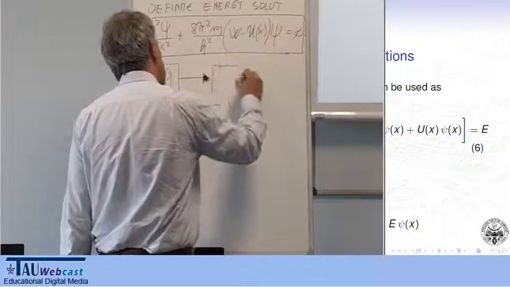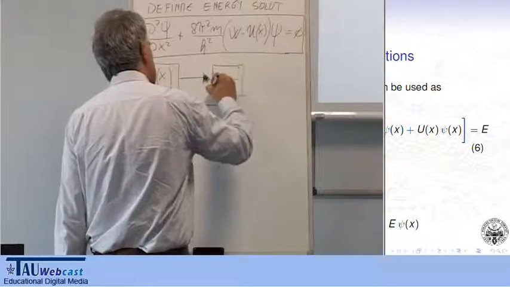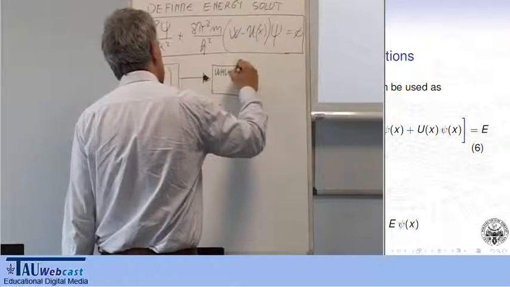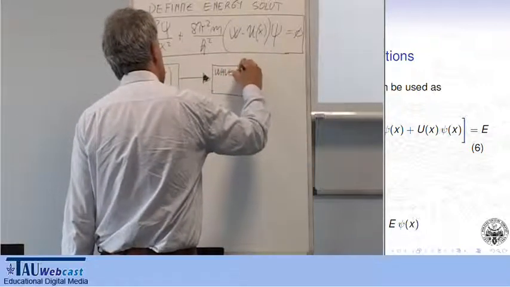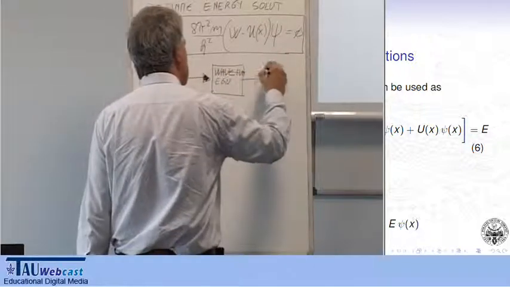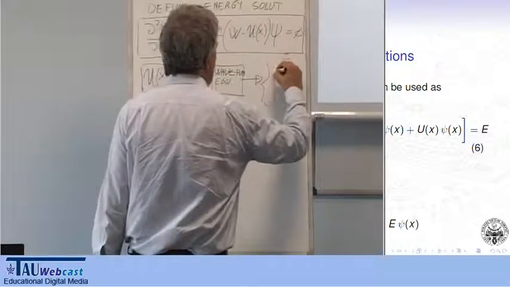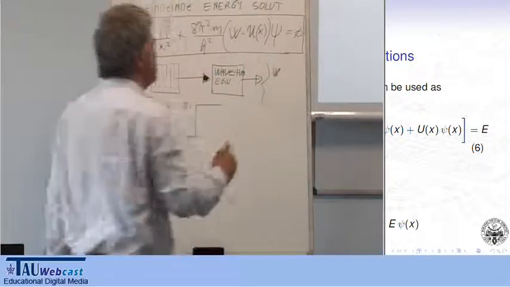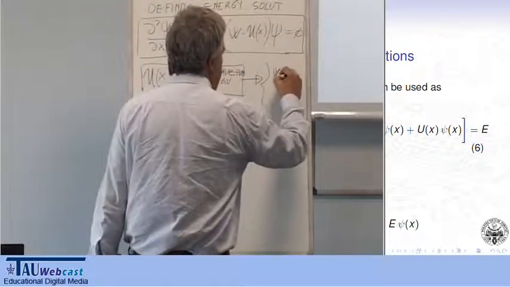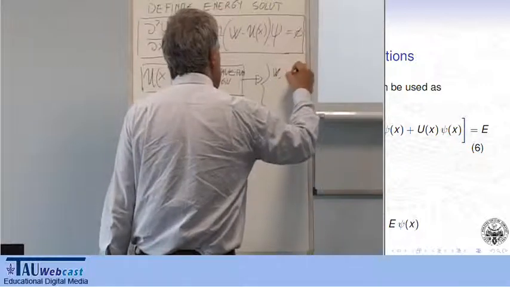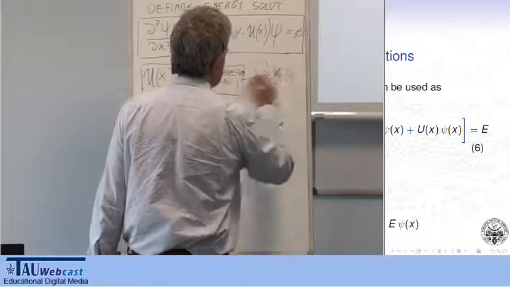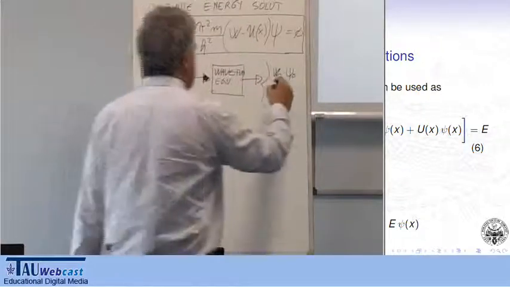The Schrödinger equation will then produce two things: the eigenvalue, the total energy of the electron, W or other, and the eigenfunction. So probably we have the ground state and the other one.